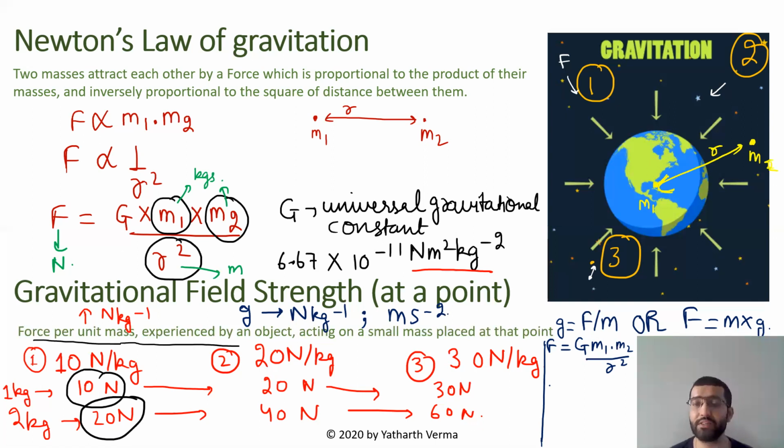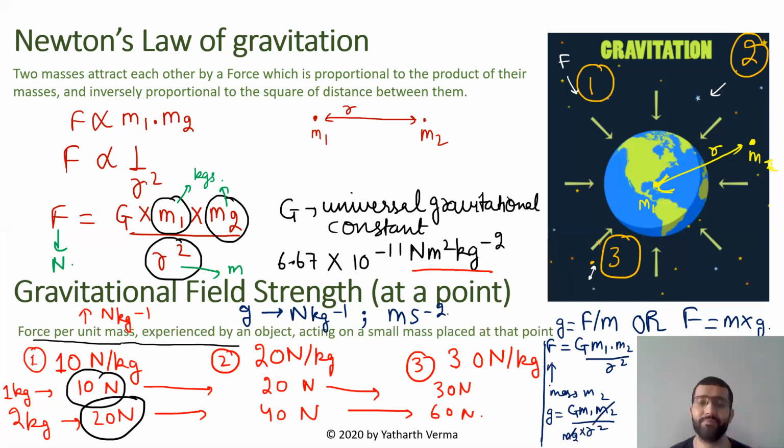Now, what is the gravitational field strength at the point where M2 is there? So I divide force per unit mass. Mass M2 is experiencing this force, so force per unit mass becomes the gravitational field strength. Force per unit mass experienced by M2 is this.